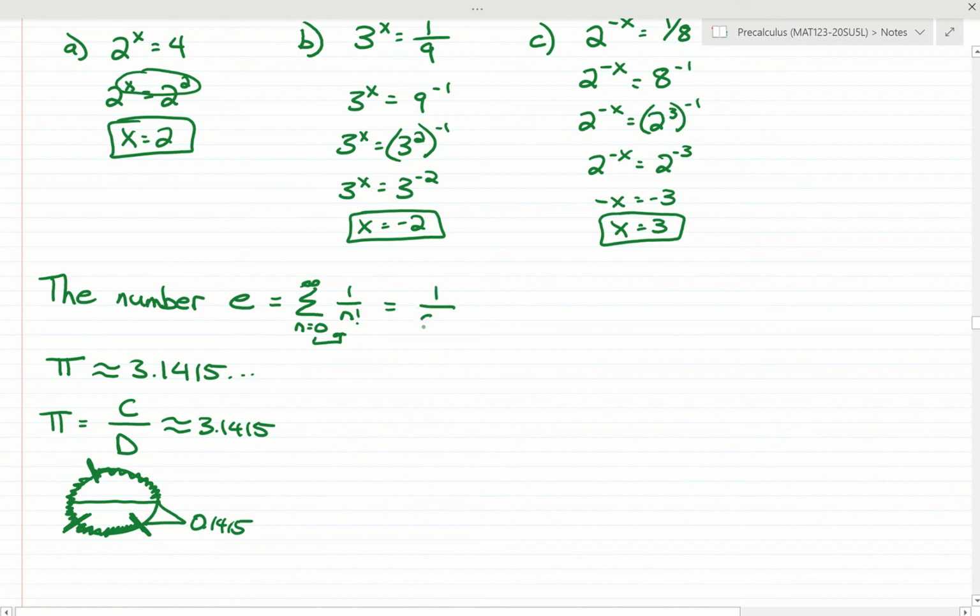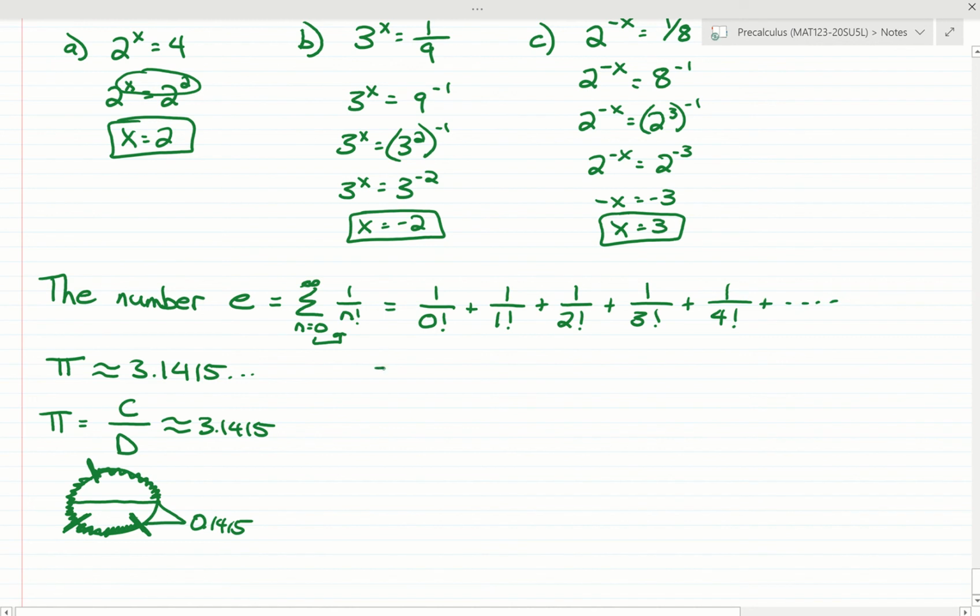So this would be 1 over 0 factorial plus 1 over 1 factorial plus 1 over 2 factorial plus 1 over 3 factorial plus 1 over 4 factorial, and this just keeps going for infinity.